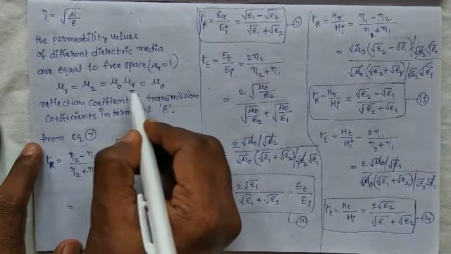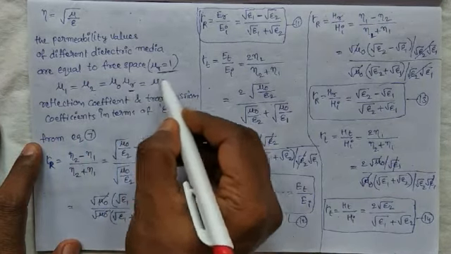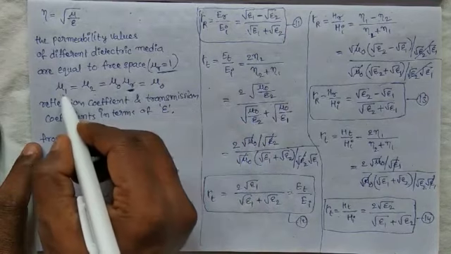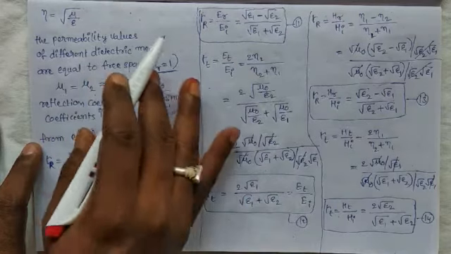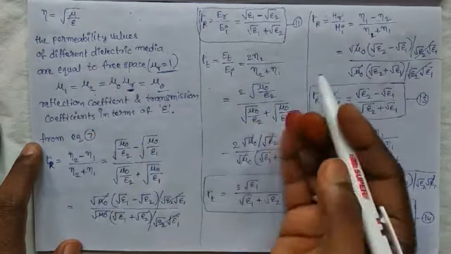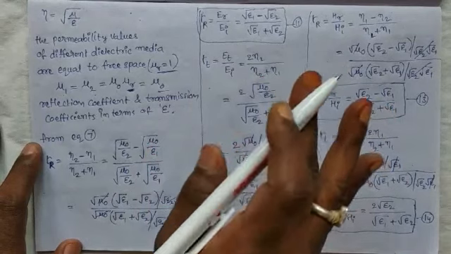Mu r is the relative permeability, which is 1. Actually, the permeability values of different dielectric mediums are equal to the free space value.